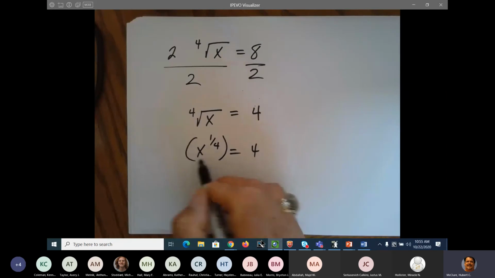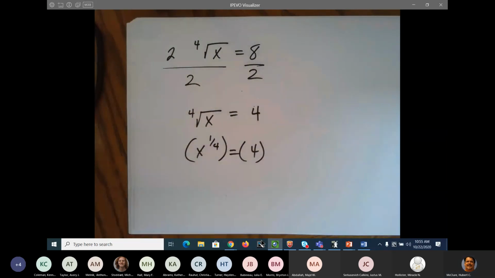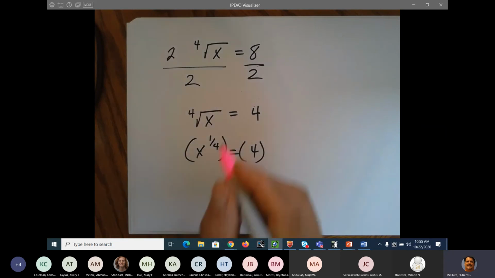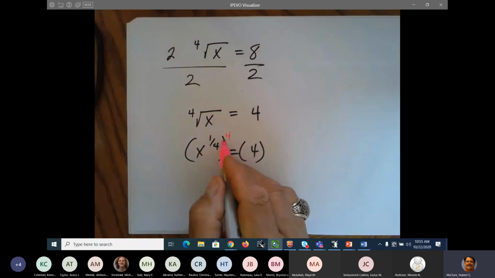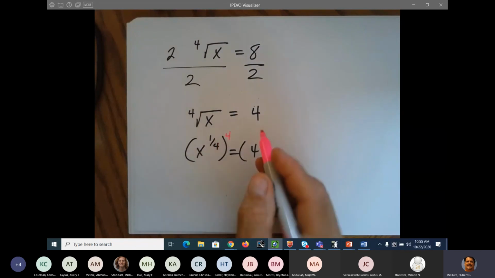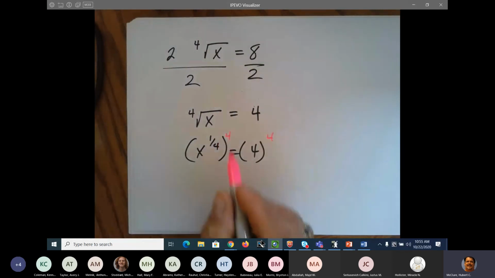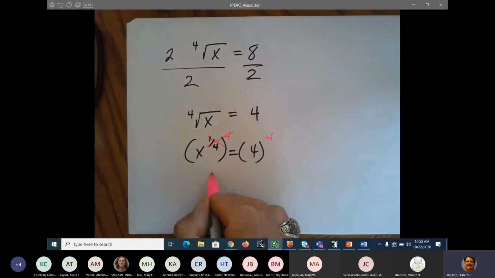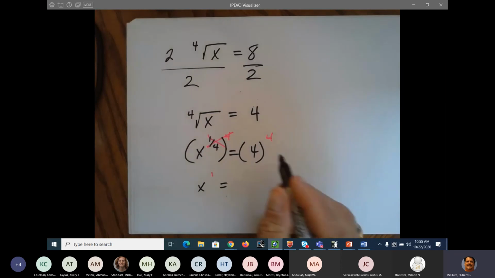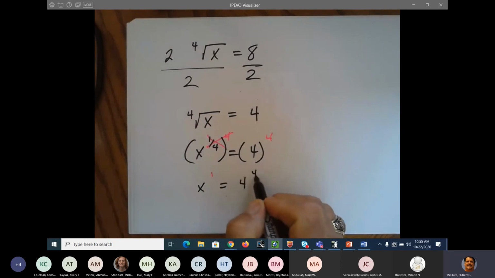How do I make that x raised to the 1 power? I raise it to the 4th, and if I raise this to the 4th, I've got to raise this to the 4th, and that will cancel out to be a 1. So x to the 1st, or x, is equal to 4 to the 4th.